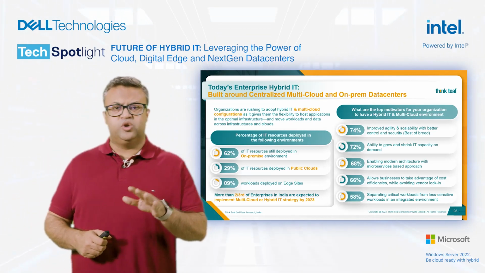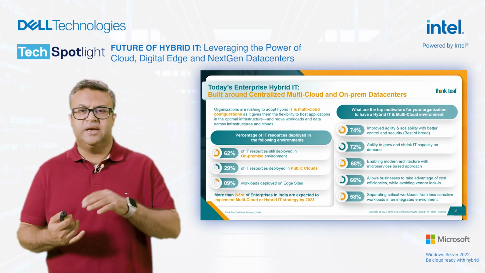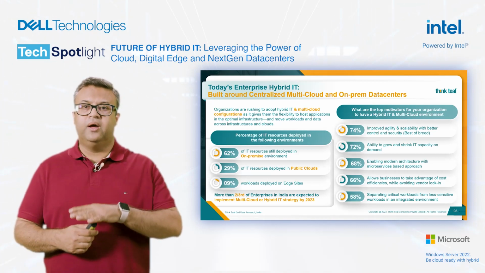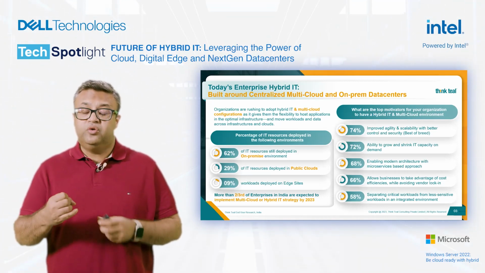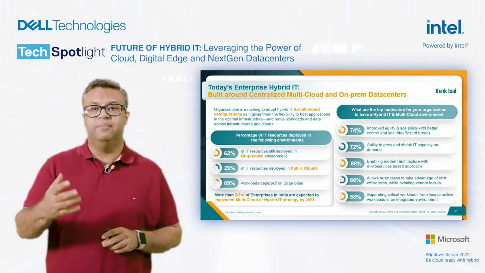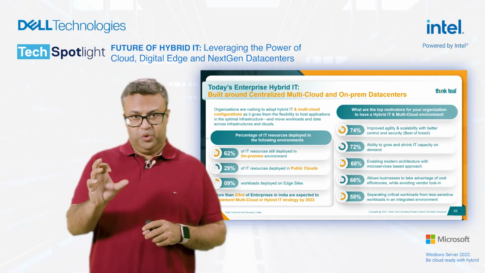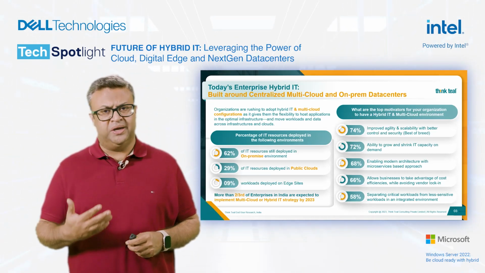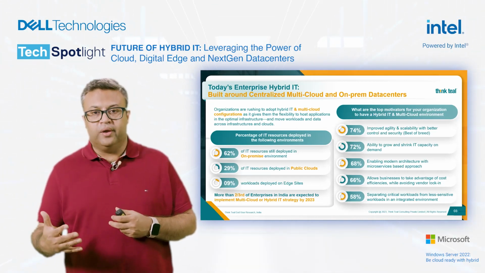It's fairly straightforward, but just to refresh your memory, 74%, for instance, want a hybrid IT, multi-cloud environment for improved agility and scalability, while at the same time not compromising on control and security. And that is so true to the definition of hybrid IT, isn't it? You are trying to get the best of both, right?